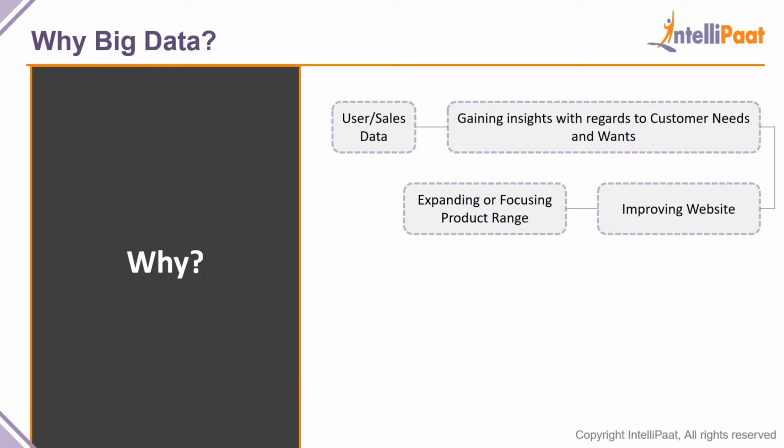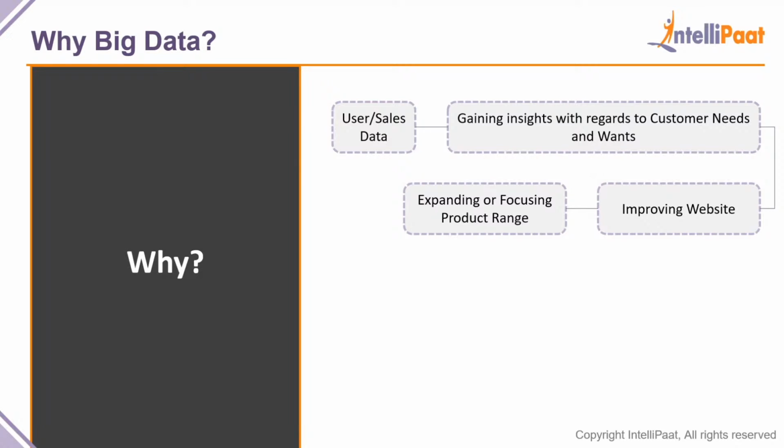Based on what the customer likes on your website, as an e-commerce business, say for instance the customer likes computer hardware a lot. Once you know that, you will understand that there are a lot of customers who like computer hardware. Let us expand that product range on our website, so more customers buy it. And then you have some customers who are only interested in food items on your website.